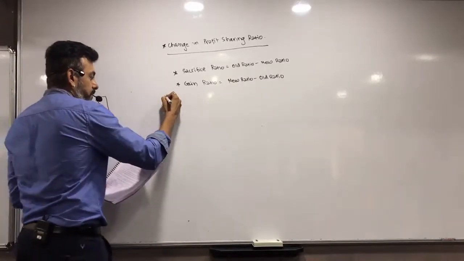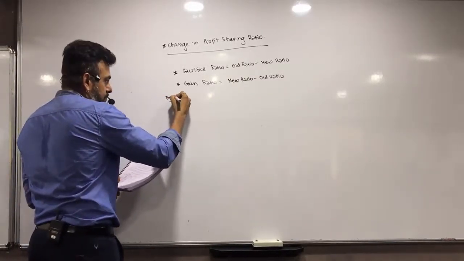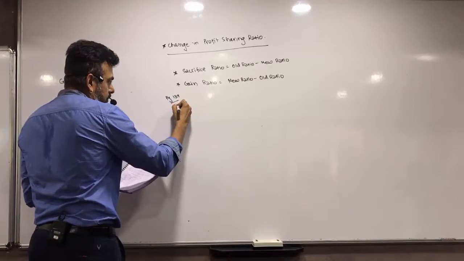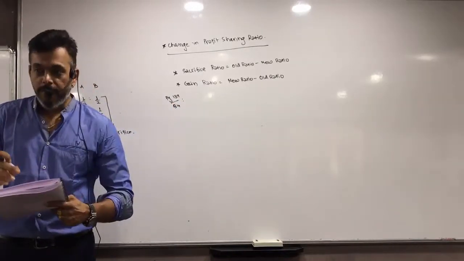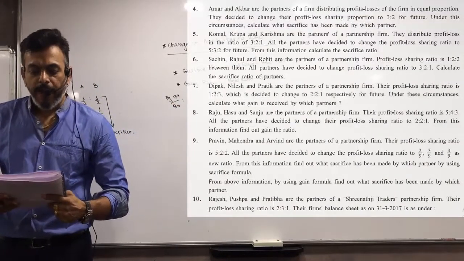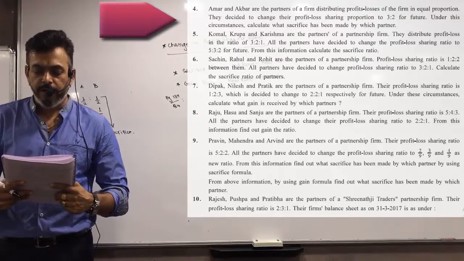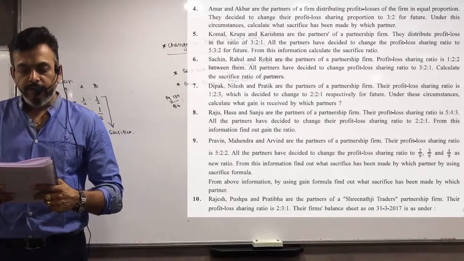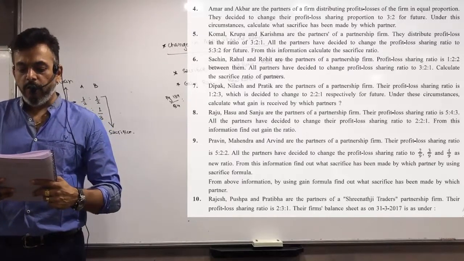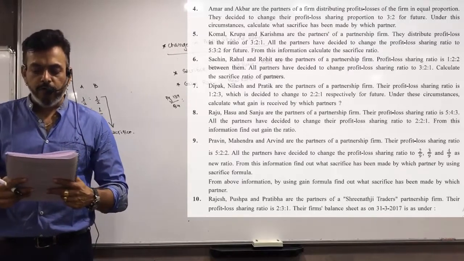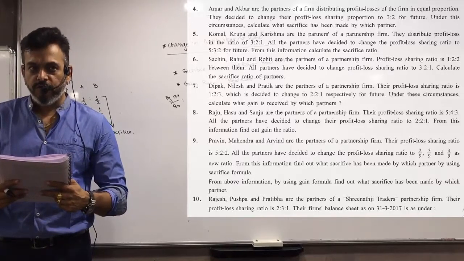Say for example, first understand this, then you write page number 139, question number 4. Amar and Akbar are partners of a firm distributing profit and losses of the firm in equal proportion. They decided to change their profit loss sharing proportion to 3:2 for future.